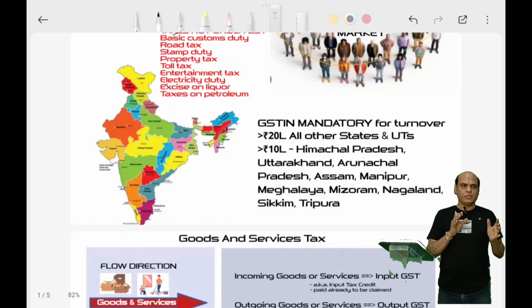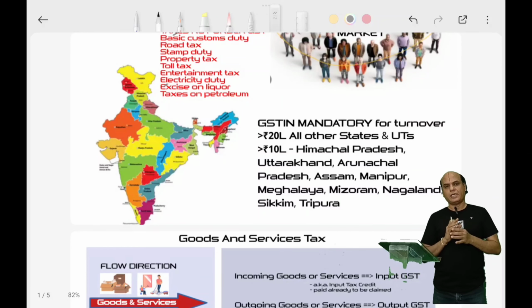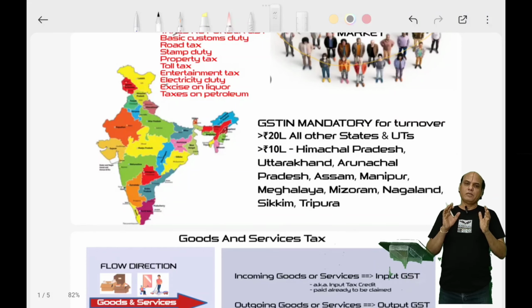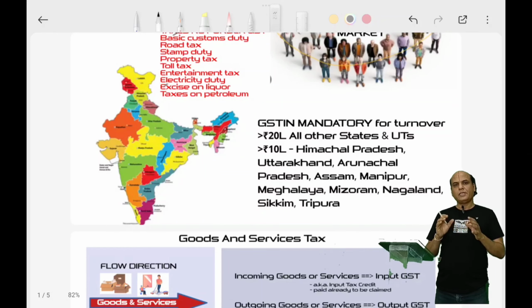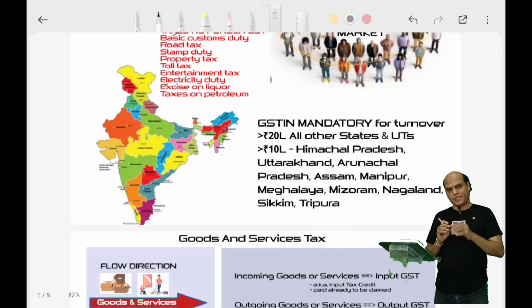So any person or an institution whose annual turnover is more than 20 lakhs is supposed to pay goods and services tax. Now this threshold of 20 lakhs is reduced to 10 lakhs in mountainous regions.